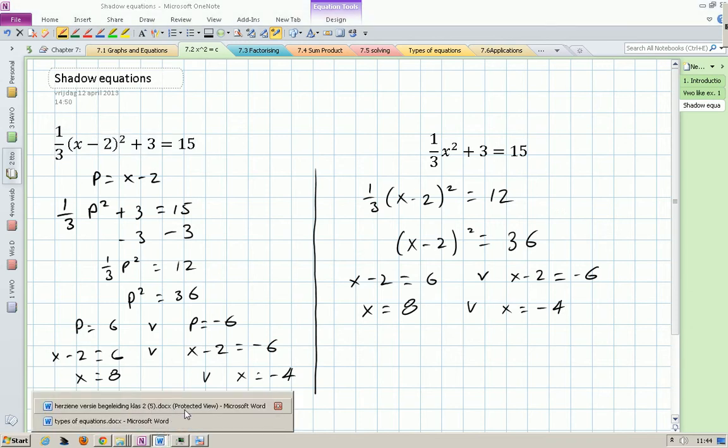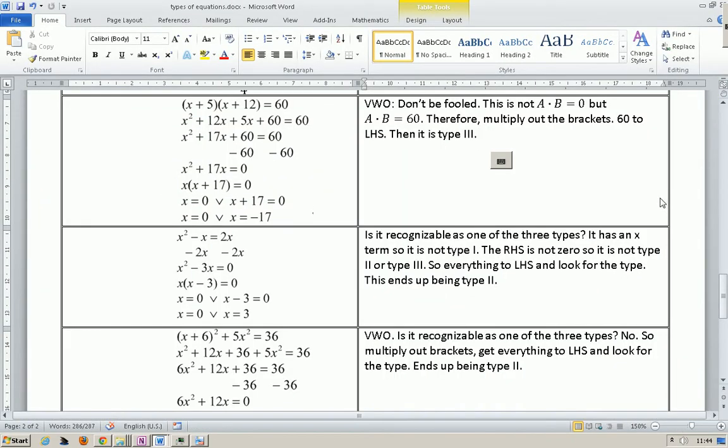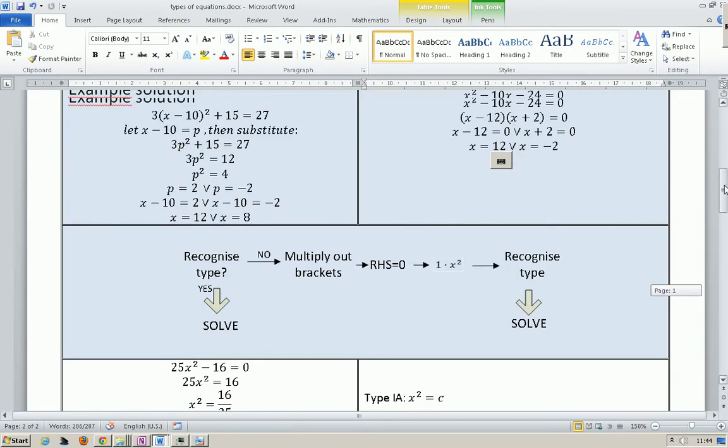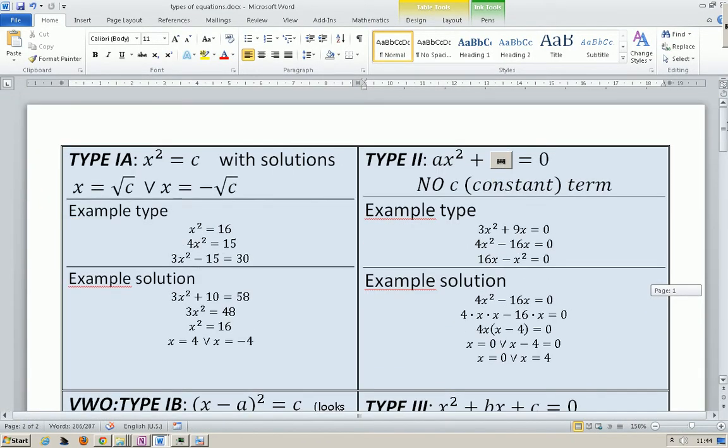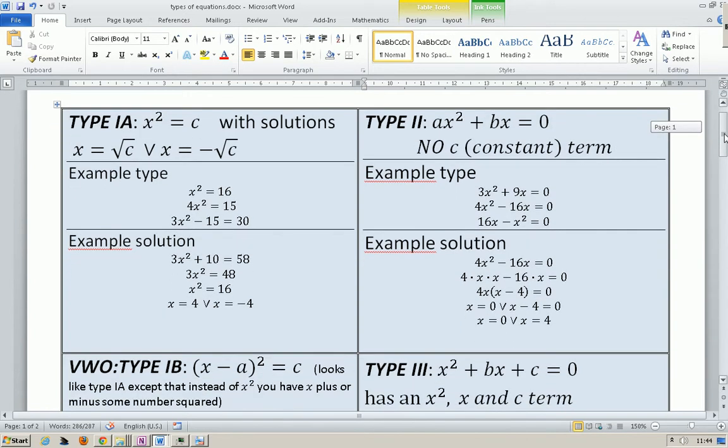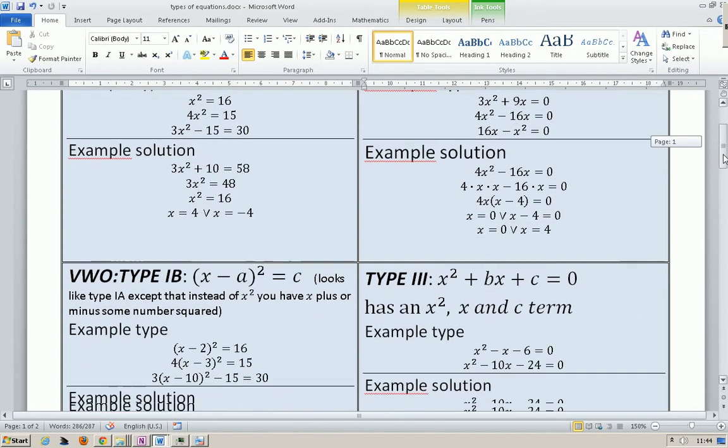So just taking a look at our types of equations. I've got type 1, which I've now called type 1a, which we recognize as this. There's an example. Type 2 is where all the terms have at least one x that you can then factor out and set equal to 0.